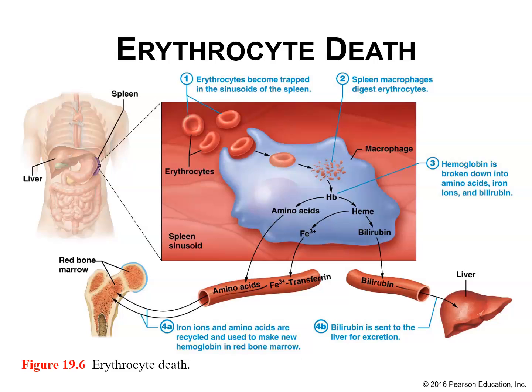The iron ions and the amino acids are then recycled and used to make new hemoglobin in your red bone marrow, and the bilirubin is sent to the liver for excretion. Remember, the bilirubin is then going to be added to the bile and sent back to the duodenum via the gallbladder.